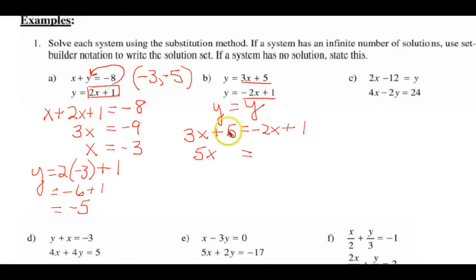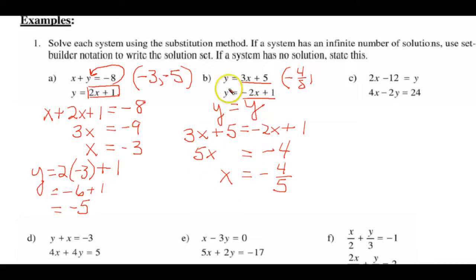Transpose the +5 to this side where it becomes a -5, which will give us a -4. We divide both sides by 5. We get x equals -4/5. So one of our ordered pair members is -4/5. Now that would be hard to pick out on a graph, but algebraically we get exact answers.